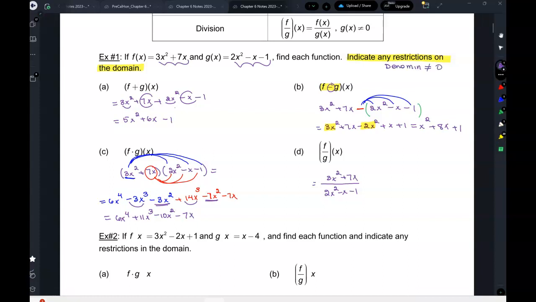In math, we know you can never have something divided by 0. This is never okay. So in the first 3 that we did, did we have any denominators with variables in them? No, so there was not a problem. This is the first time we have a denominator with a variable in it.